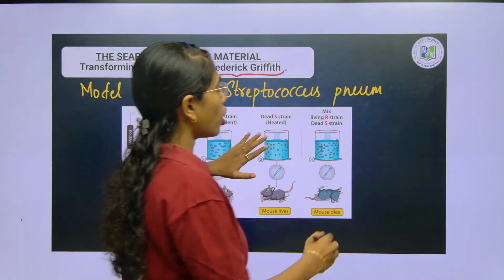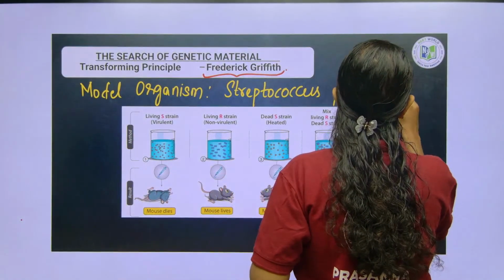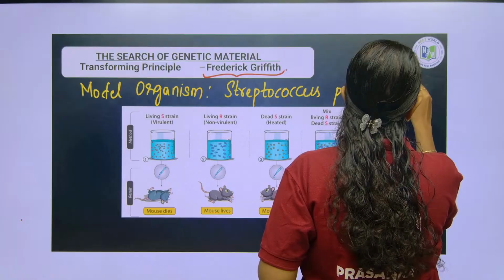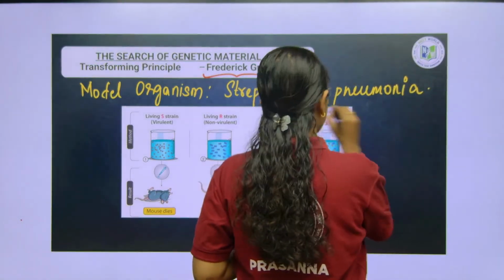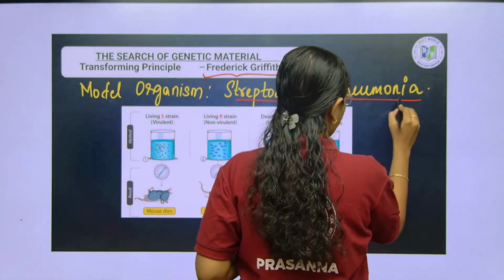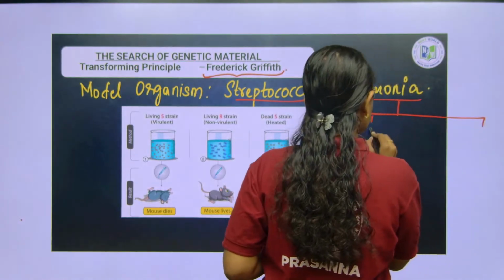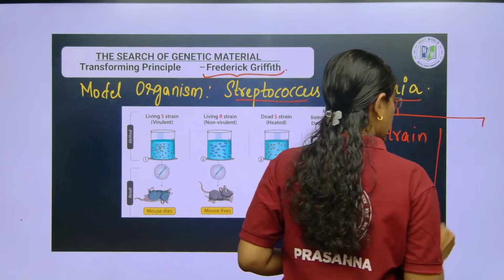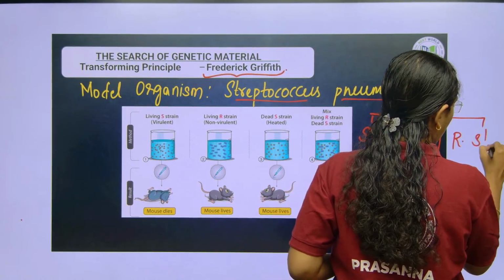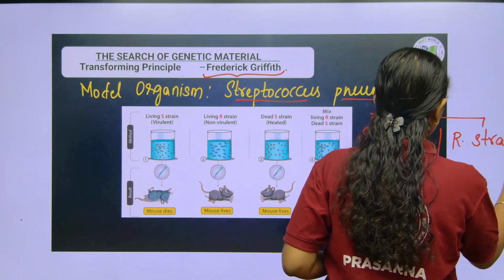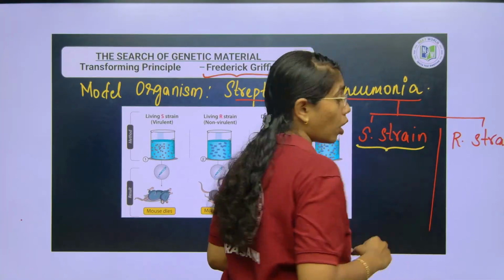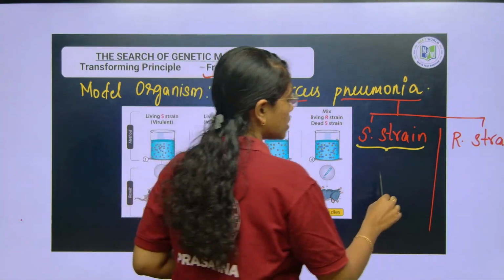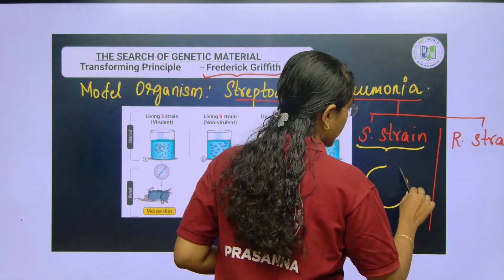So, here the model organism, which is Streptococcus pneumoniae, two strains of this bacteria are considered. One is S strain and the second strain is R strain, right. S strain of bacteria, here you can see the cell wall of bacteria is made up of what?